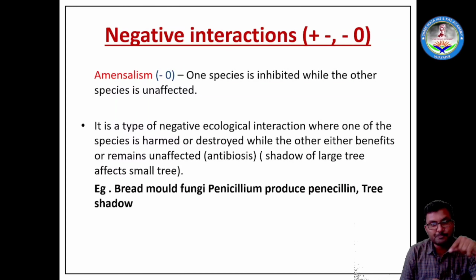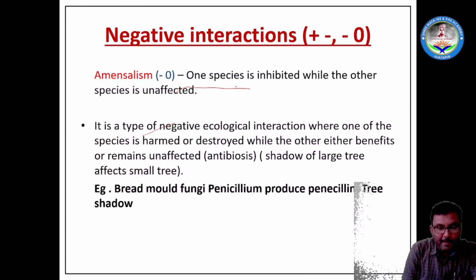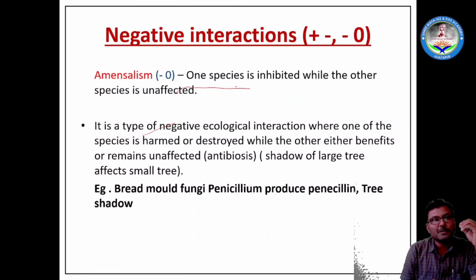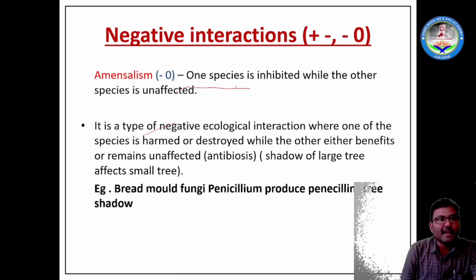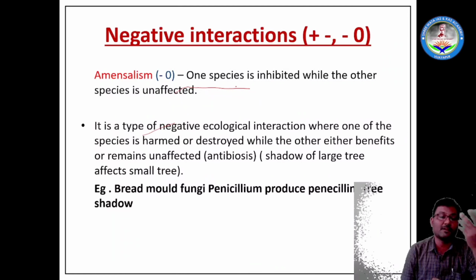Here one species is inhibited while the other species is unaffected. I mean, here one species, without any intention, kills the other species, but after killing that species, the other species will not gain anything.